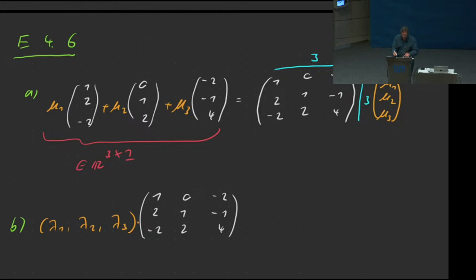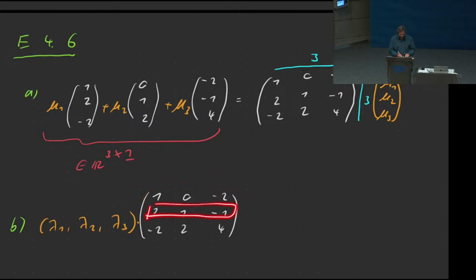And then what happens is when you do the multiplication, you always take a column here, multiply it by this row here, and that's the only row we have. So this entry will be multiplied by lambda 1. This entry will be multiplied by lambda 2. This will be multiplied by lambda 3. Same for the second column, right? So those go together. And same for the third column. So the entry in the first row is always multiplied by lambda 1.